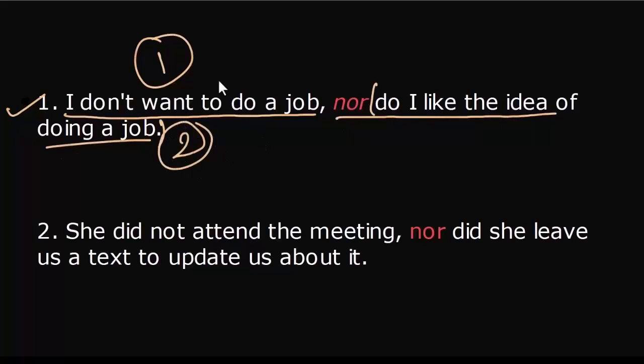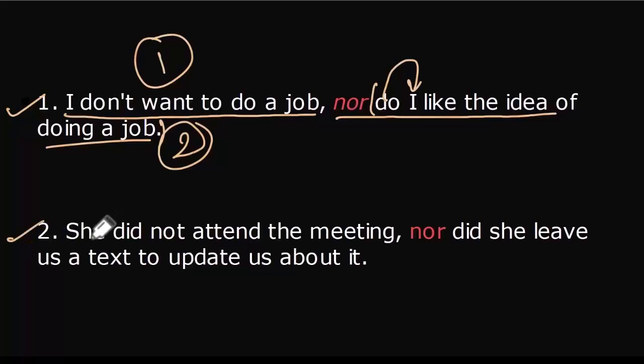The first is a negative declarative sentence, and it's not using any inversion, meaning the verb is not coming before the subject. But in the second clause, the verb is coming before the subject even when it's not a question. This happens when you add two independent clauses using the conjunction nor. So when you use nor, the second clause has to use inversion.